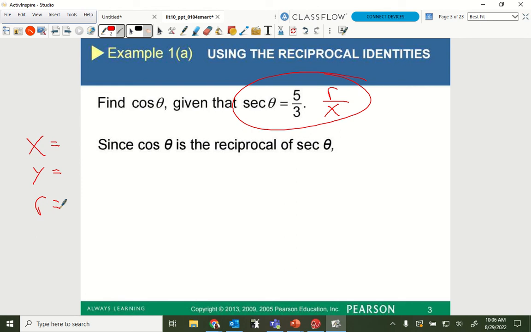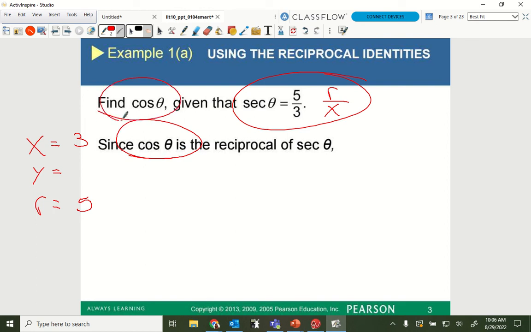Agree? Okay, so now, if I gave you that R is 5 and X is 3, what are they asking for here? They're asking for cosine, right? Find cosine.